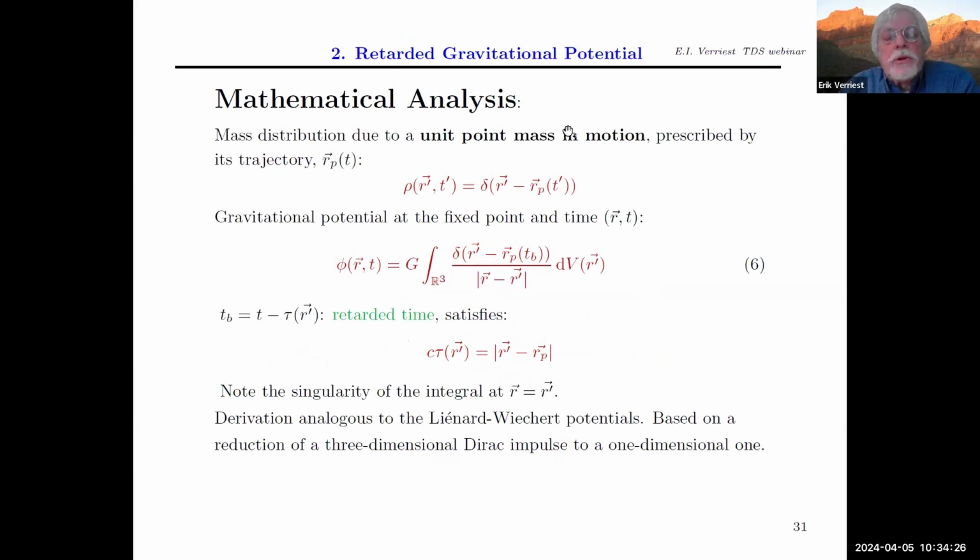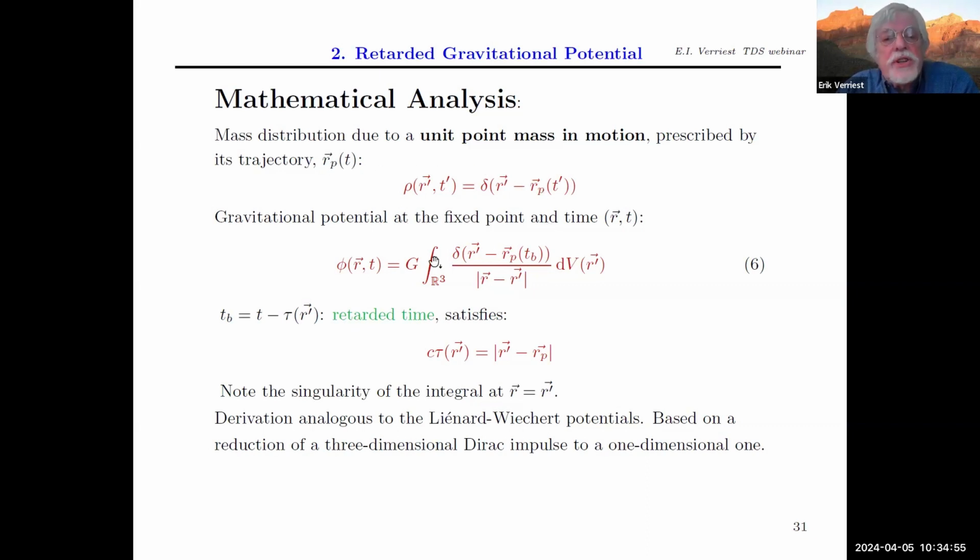Now, to simplify this, I will assume that the mass distribution is only due to a unit point mass in motion. So the distribution of the density is given by this Dirac density for a point mass moving at a precise trajectory, r p, at time t.